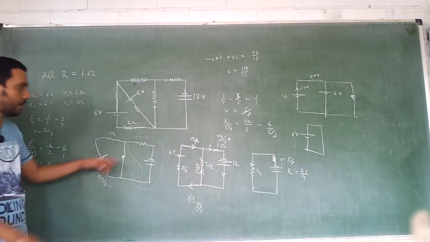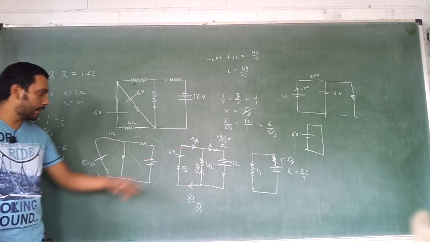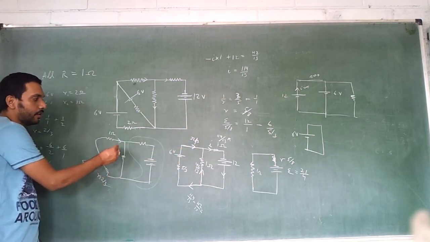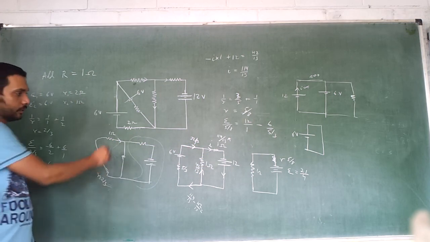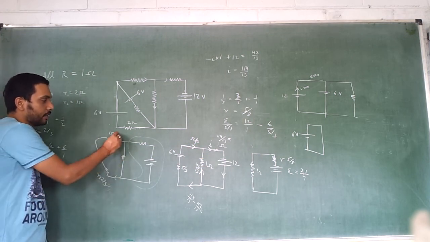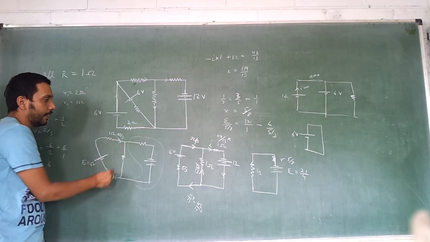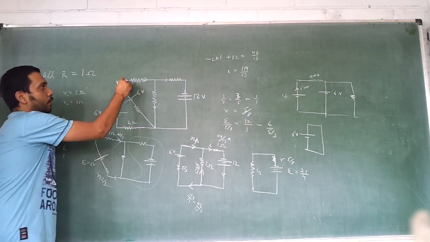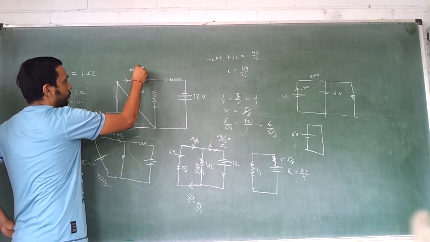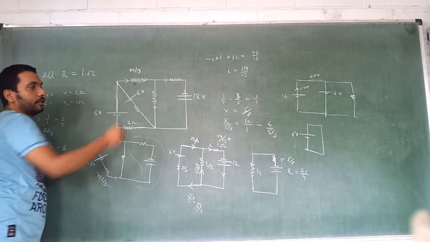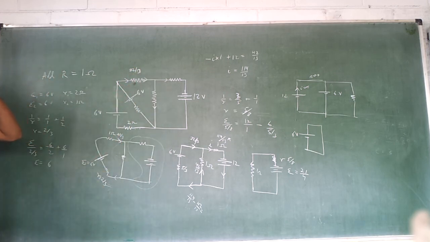Now we go to this circuit. This point I know it is going. In this branch it is going 72 by 13. Not individually. So this one is 72 by 13, not individually. Okay? Get the point?